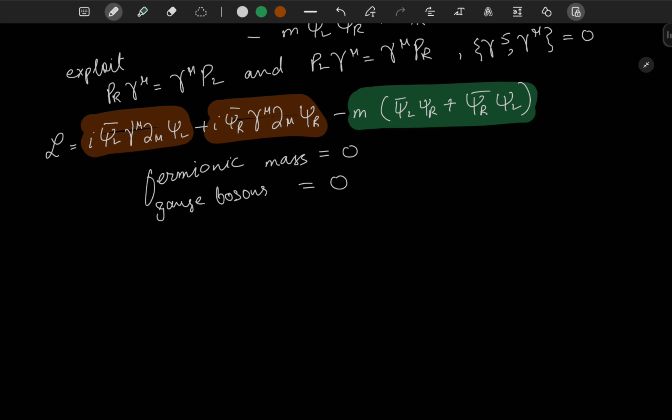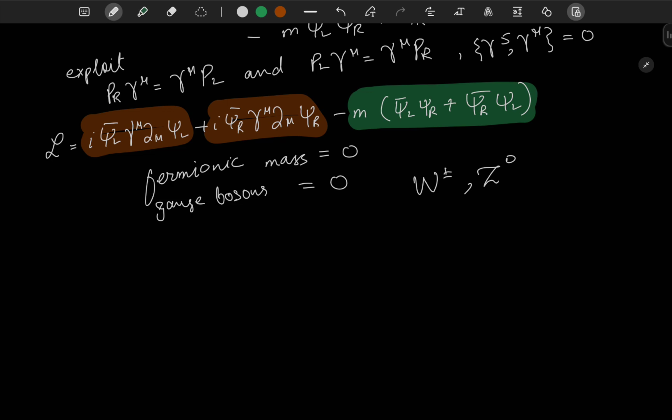We will see that the gauge bosons in the case of electroweak are W plus minus and Z0, which are in fact some of the most massive particles in the standard model.